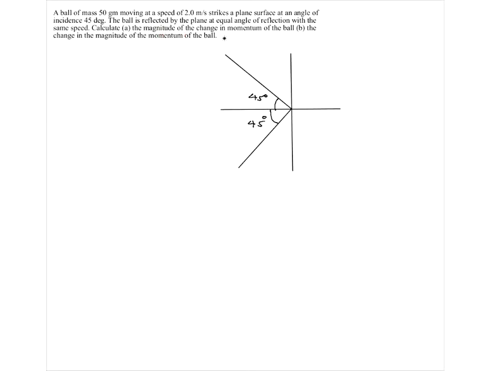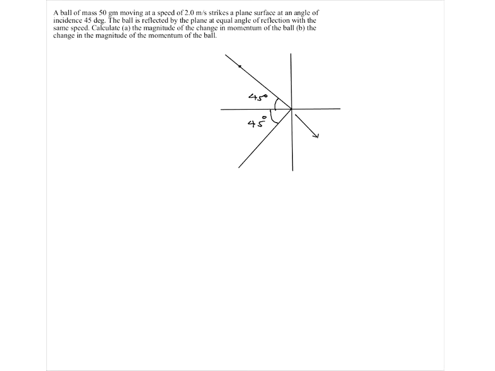Then magnitude of change in momentum of the ball. You are interested in the ball. So ball is a system. So momentum vector has this direction in the beginning, pi. Pi vector is in this direction. And pf, whatever is the direction of the velocity, same is the direction of momentum.